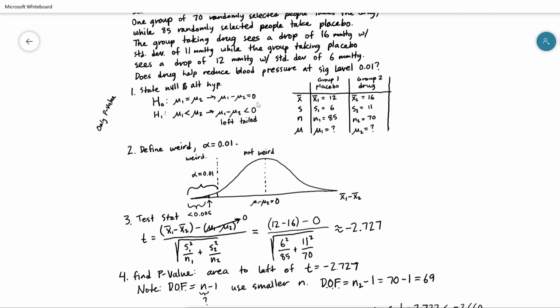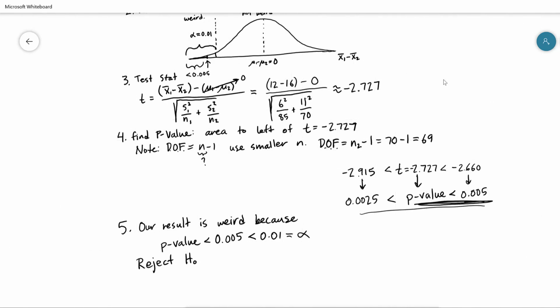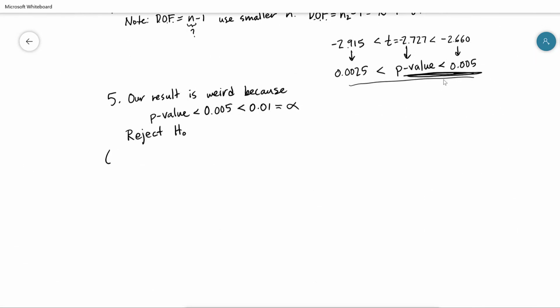If we think the null hypothesis was wrong, what we will look at instead is our alternate hypothesis. We do, in fact, think that mu1 is less than mu2, that the blood pressure drop of people that took a placebo is less than the blood pressure drop of people that took the actual drug. So what does that tell us? If the placebo was less effective than the drug, the evidence strongly suggests the drug is effective.